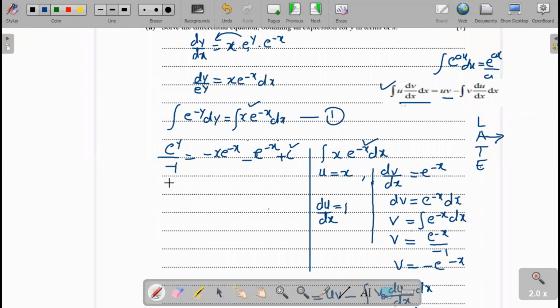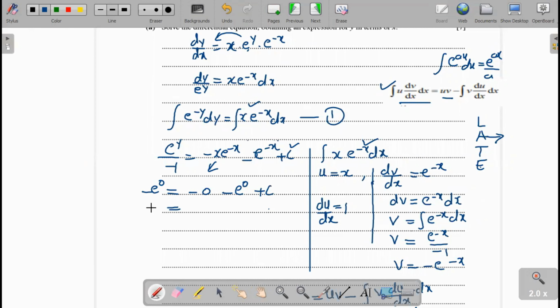Now put the value x is 0, y is 0. Now that becomes e power 0, minus 0, x is 0, that term becomes 0. Now with e power 0, we can write it as plus 2.